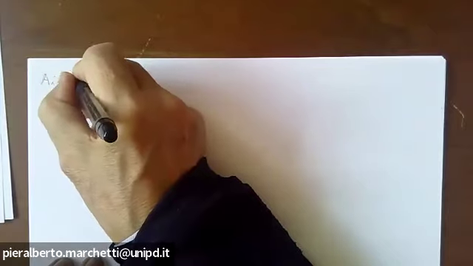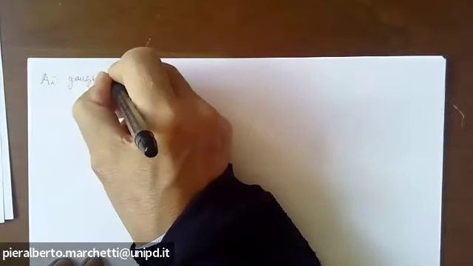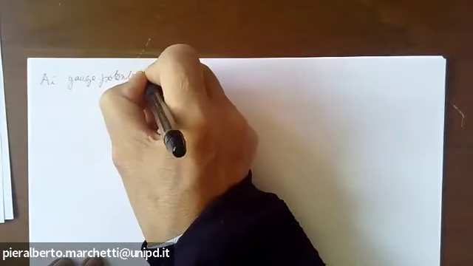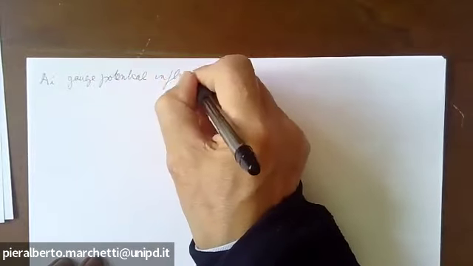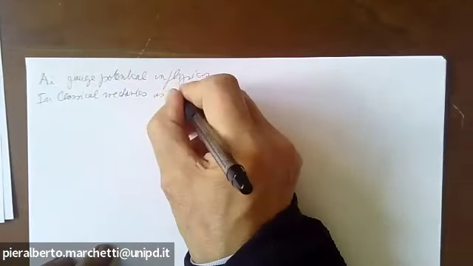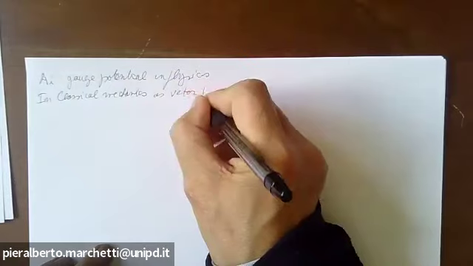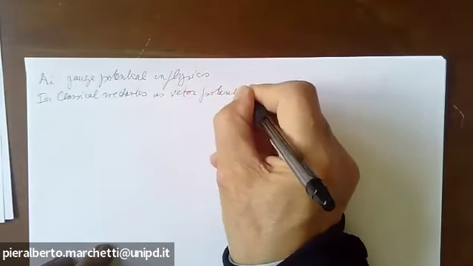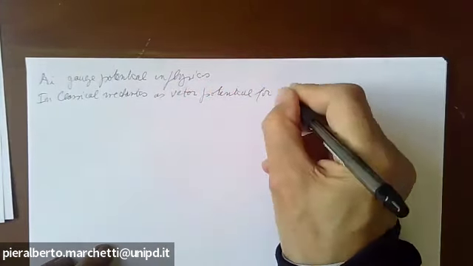You remember that if A_i is a gauge potential or gauge field, in physics it appears for the first time in classical mechanics as the vector potential for the magnetic field.